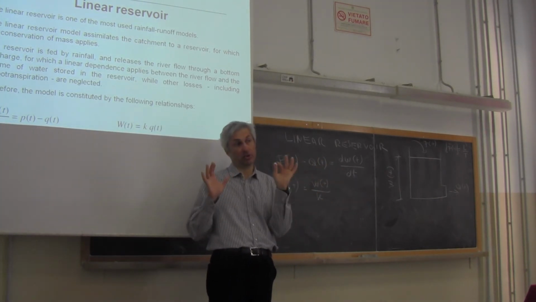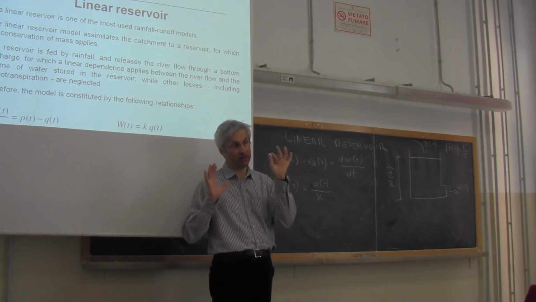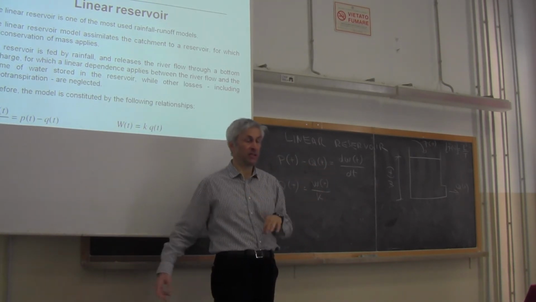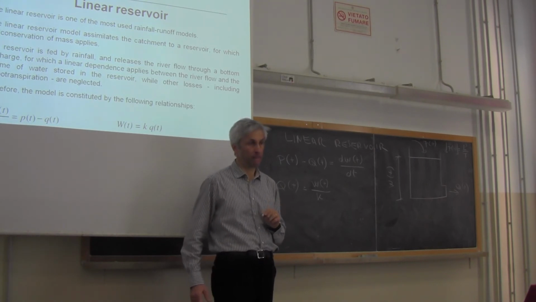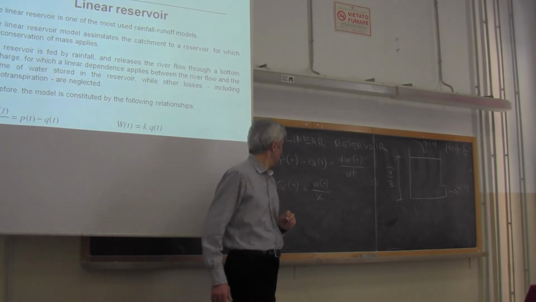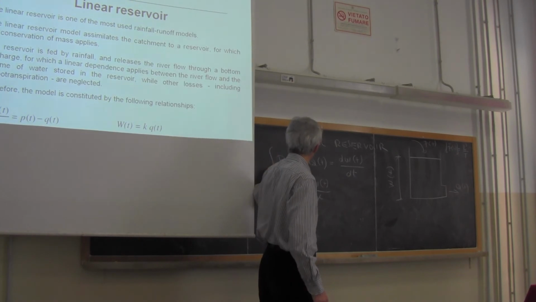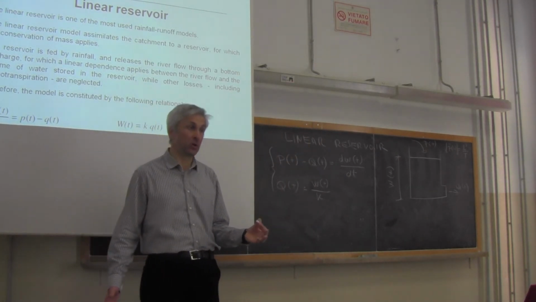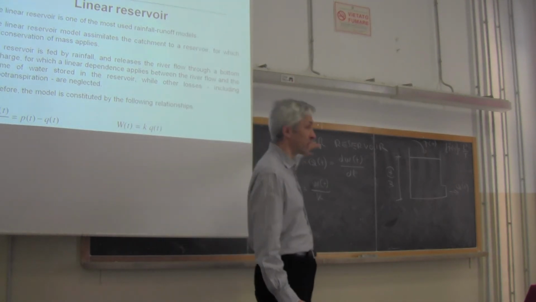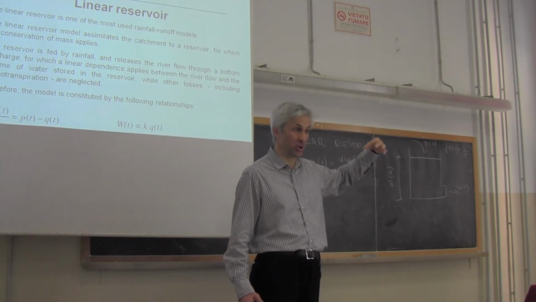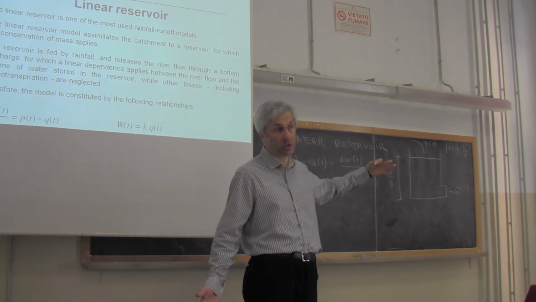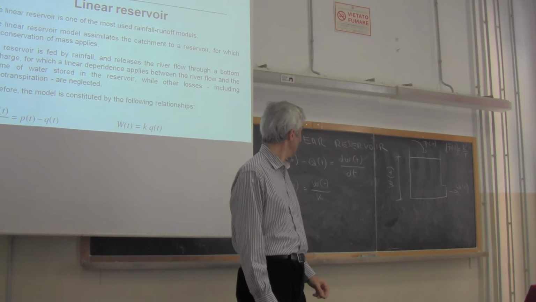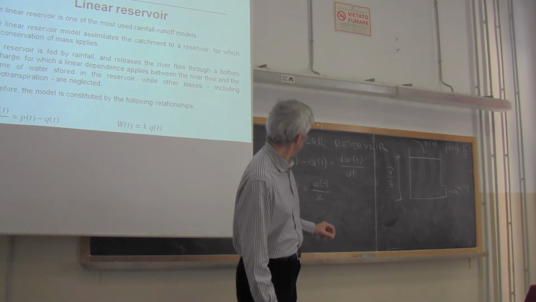It's just an assumption: linearity between storage and outflow. So these are my two equations. Now the problem can be solved. Of course, one of the two equations is a differential equation, and therefore I need an integration somewhere.